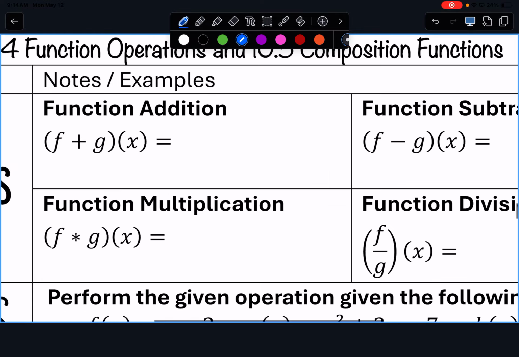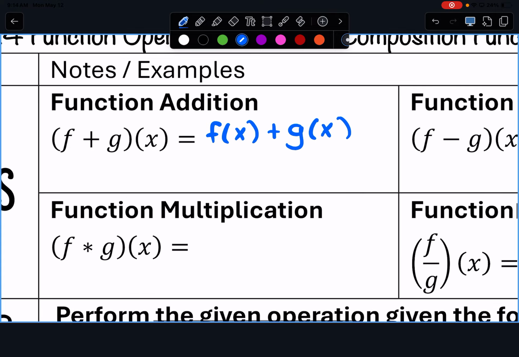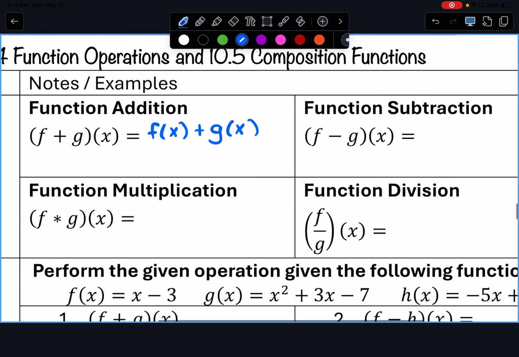So when we are doing function addition, you will see it written as f plus g of x, which is the same as saying f of x plus g of x. We're just going to take the two functions and add them together. If we have f minus g of x, that just means we're going to say f of x minus g of x.